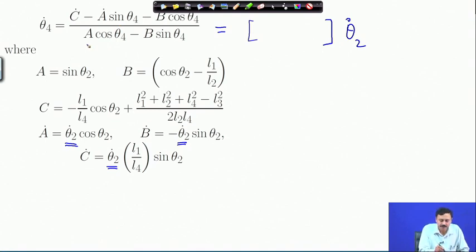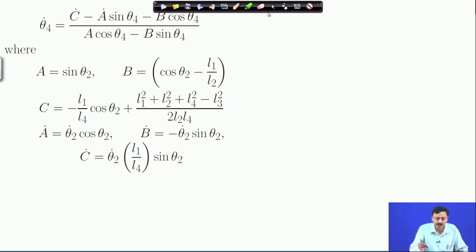In the denominator we have only A and B. So, therefore, theta 2 dot can come out, and we have a little more complicated expression which actually we can simplify.